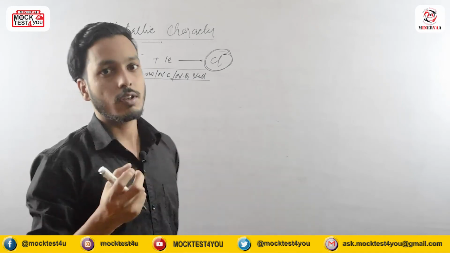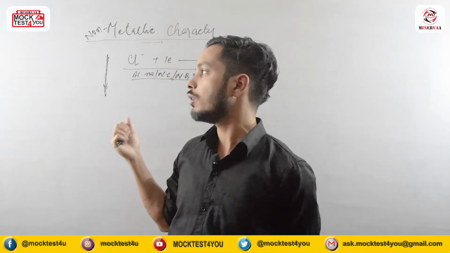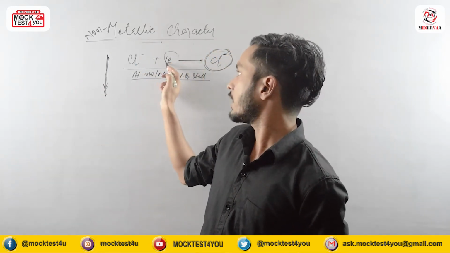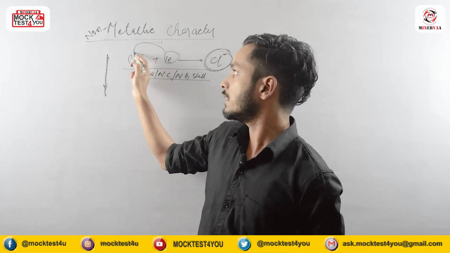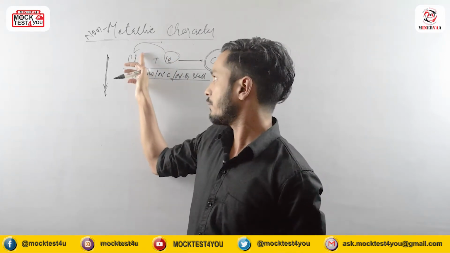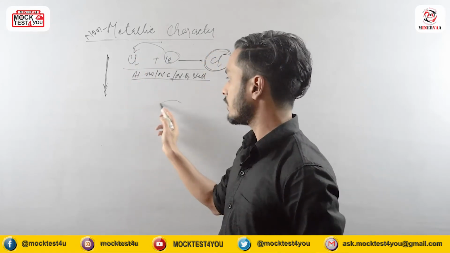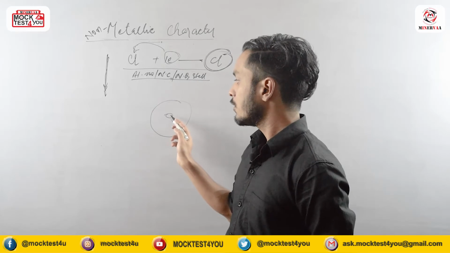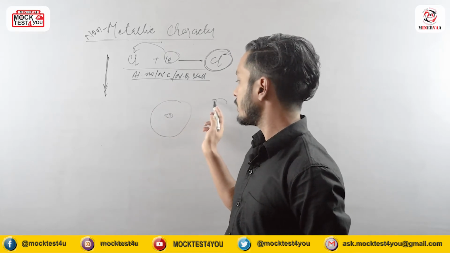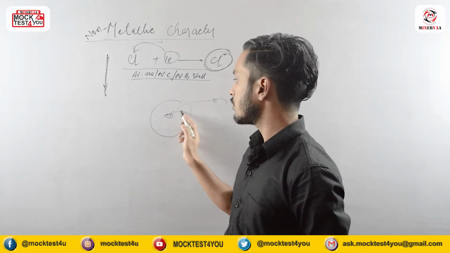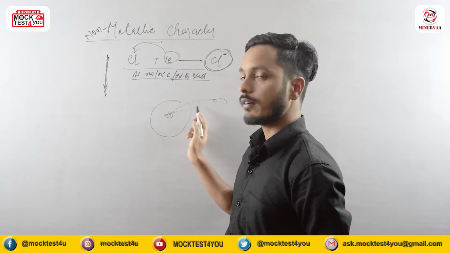Because the nucleus will pull that electron towards itself. Who will do the work of accepting an electron? The nucleus, which is present in the chlorine atom. Suppose this is an atom. So who will accept an electron from here? This nucleus, right? And the electron will come here, in this shell.